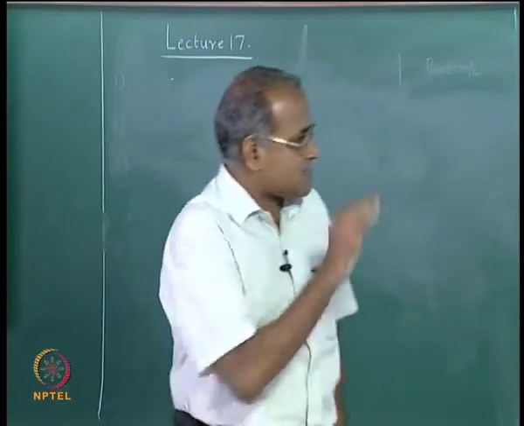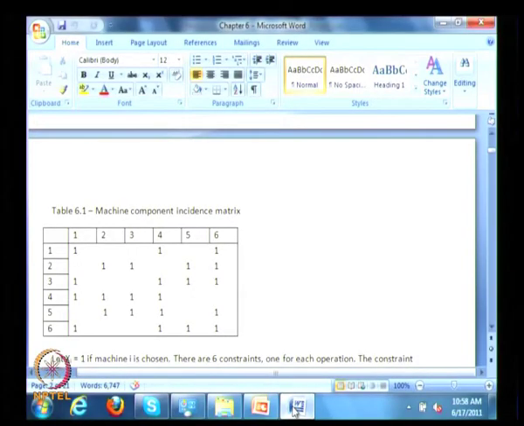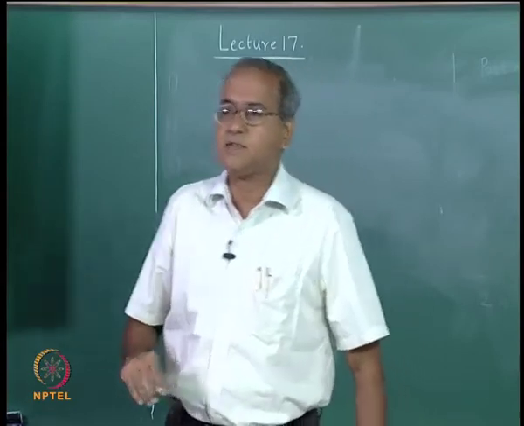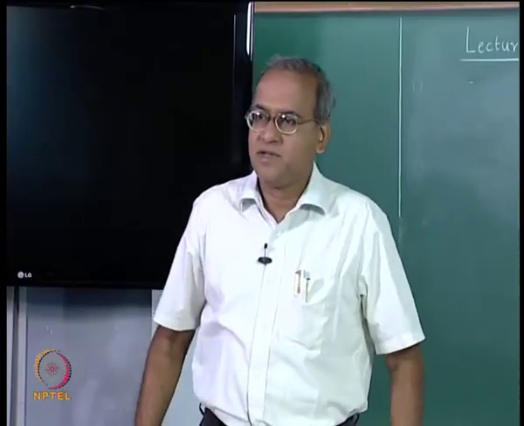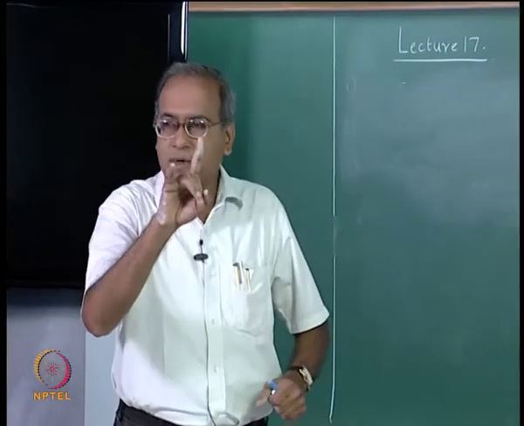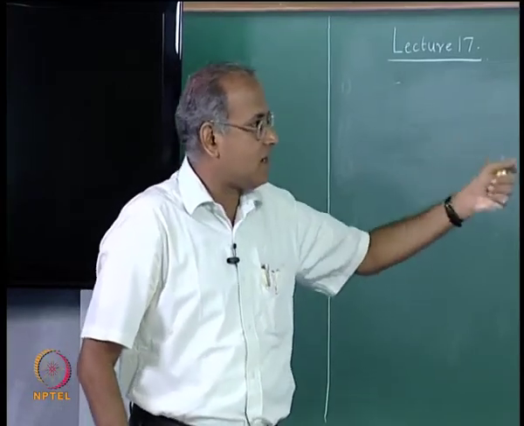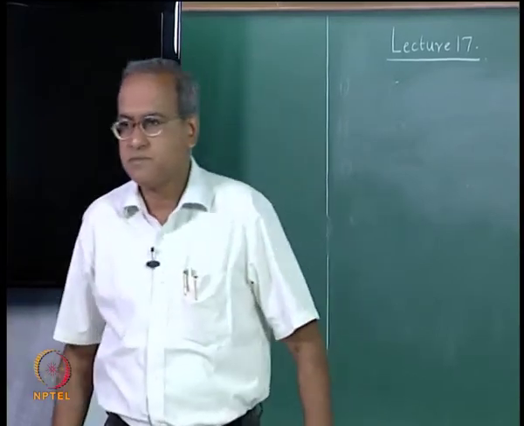If you take the first operation, it can be done in either 1 or 3 or 4 or 6, unlike the earlier incidence matrix where it has to visit all the 4 machines. Now, we make an assumption that this operation can be carried out by 1 or 3 or 4 or 6. It is not an AND, it is an OR.